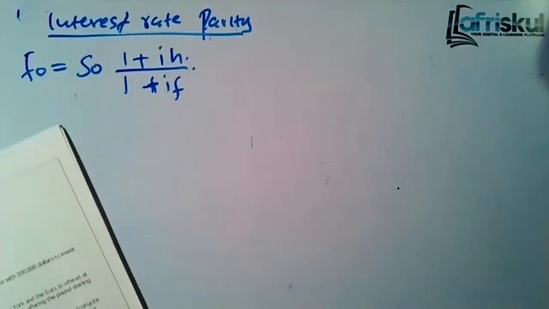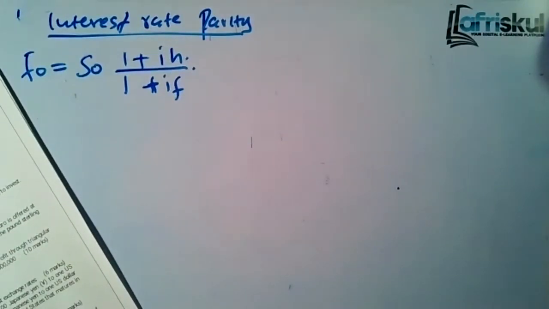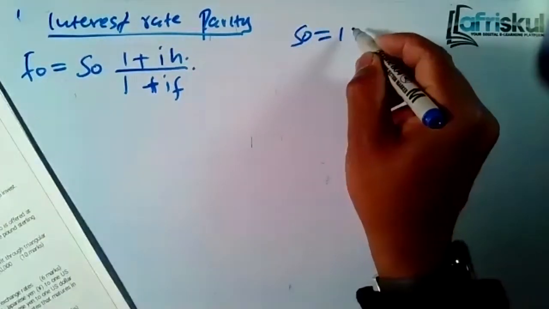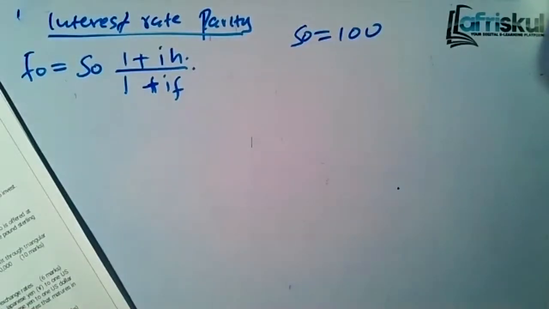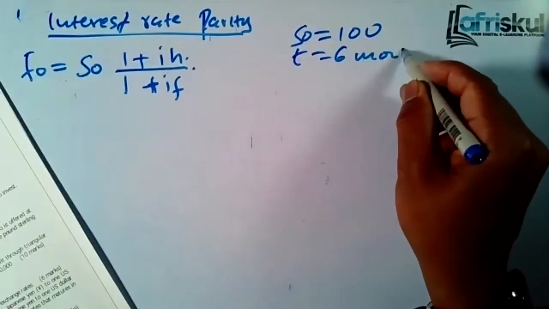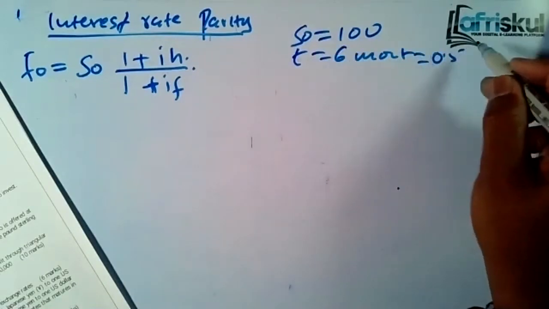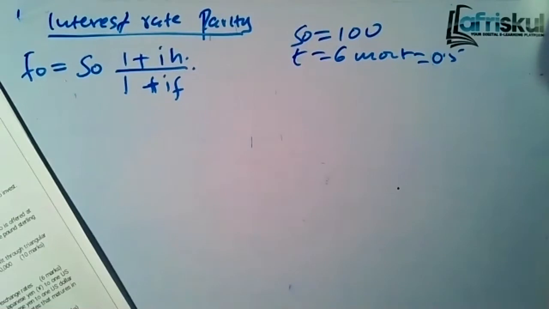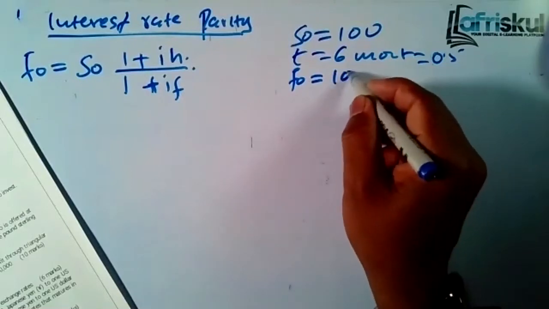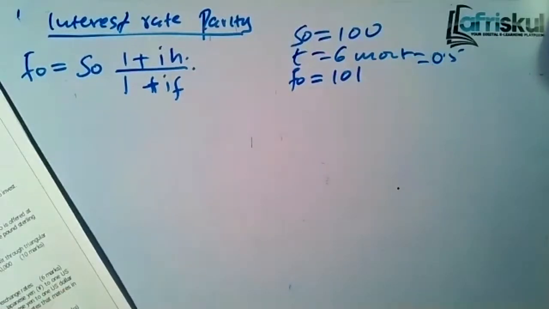From the question, the spot exchange rate equals 100 Japanese yen, so our S0 is 100 to $1, and the time is 6 months, that means 0.5 years. The 6 months forward rate equals 101 Japanese yen to $1.